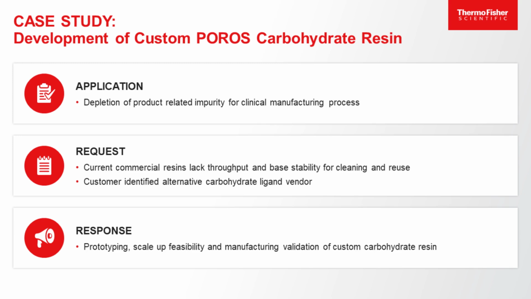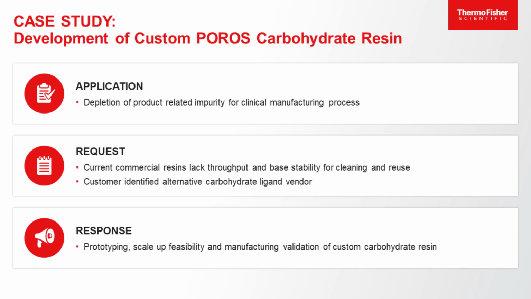So to make it a bit more clear, I want to present here a small case study on a resin we've made, which was a custom porous carbohydrate resin. The application in this case was a depletion, so basically a polish of a product-related impurity for a clinical manufacturing process, which needed to go into basically manufacturing.